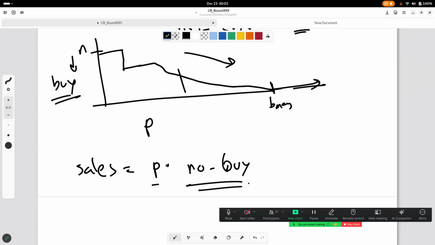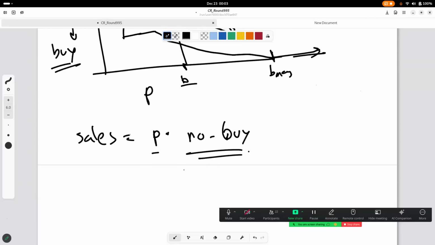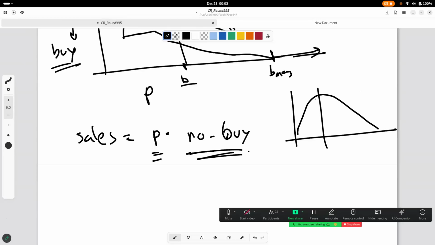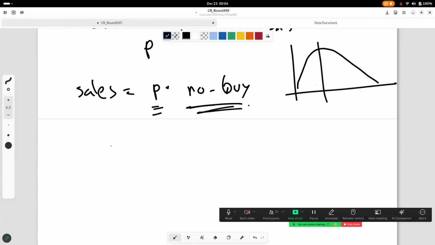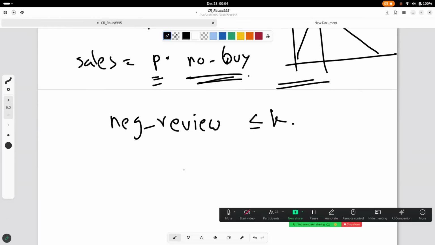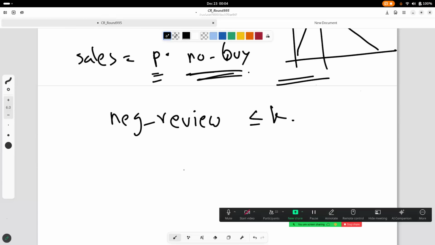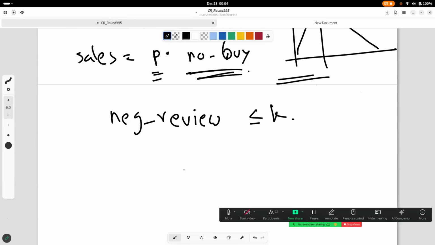So you can binary search on the number of people who buy your product, but the sales, that is P times the number of people who buy, looks something like this. So maybe you could ternary search on this, though I'm not sure. But when you add the condition that the number of negative reviews has to be less than or equal to k, this whole thing becomes even more difficult. I don't know if binary searching is possible, but even if it is, it would be very difficult.